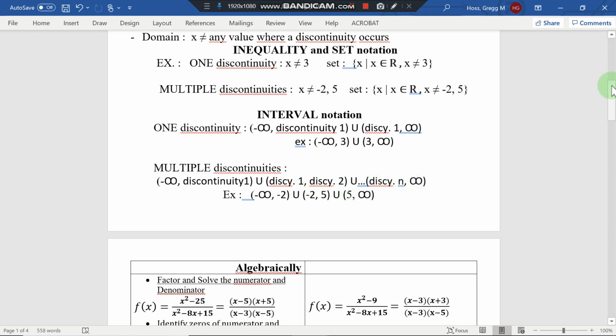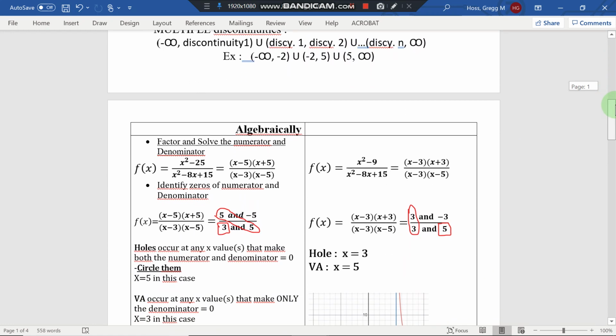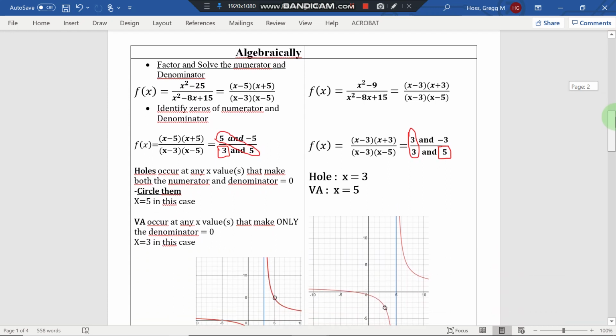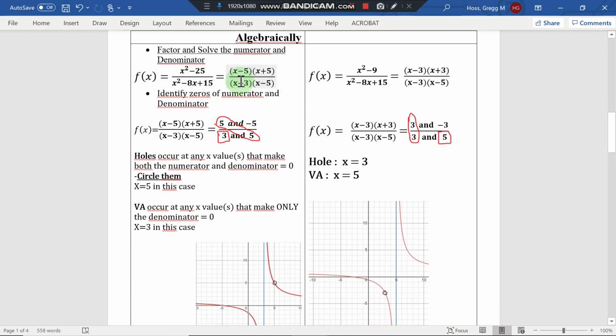All right, so how do we find these discontinuities algebraically? Well, of course, any discontinuities occur when the denominator equals 0, whatever x value makes the denominator equal 0. So to find that algebraically, we first have to factor any quadratics or expressions that we have in the numerator and denominator.